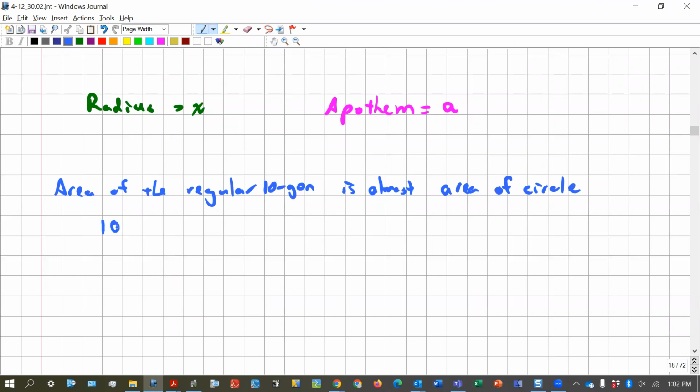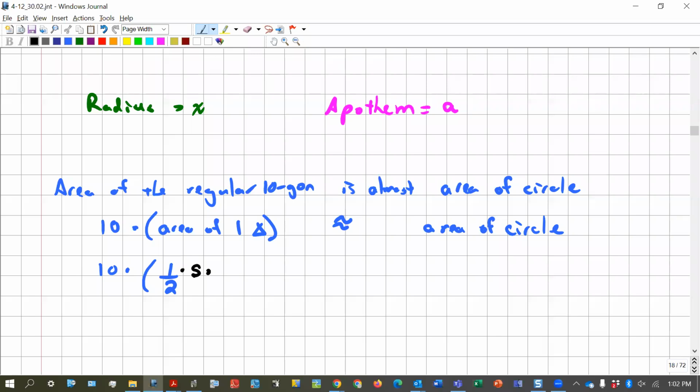So 10 times the area of one triangle is almost the area of the circle. The area of the triangle is 1/2 that number S times that number A.